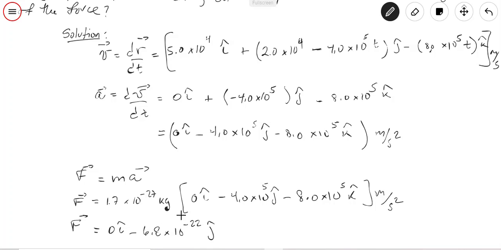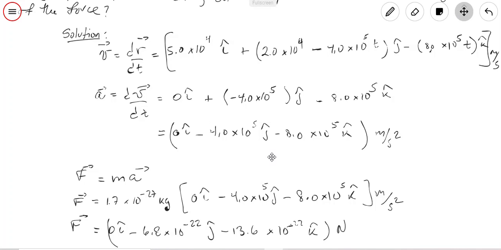And now 1.7 times negative 8 is negative 13.6 times 10 to the negative 22 k, in newtons. So this is my equation for the force. Basically the i component is 0, so this is a force that is in the yz plane.